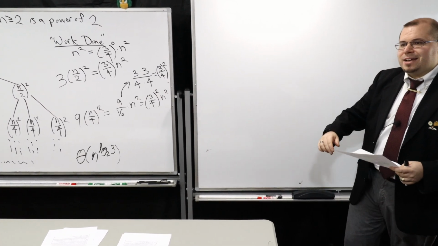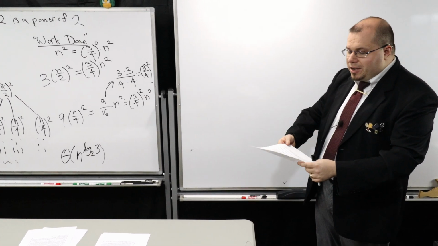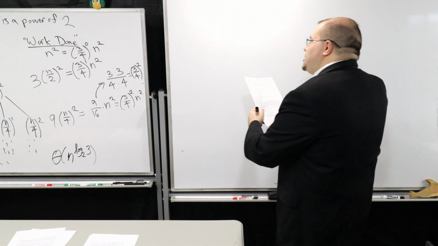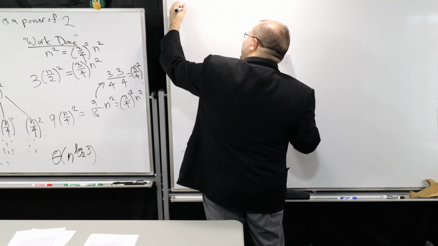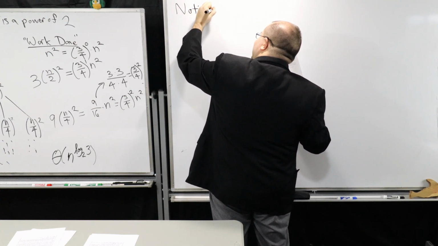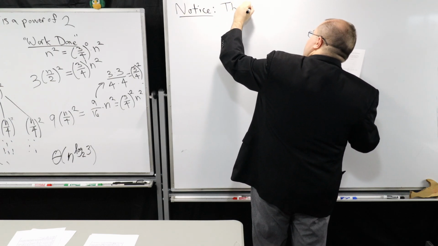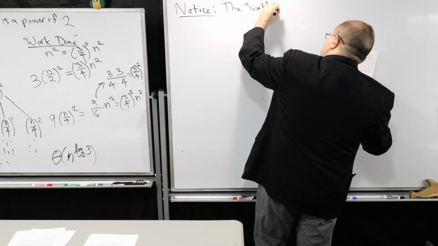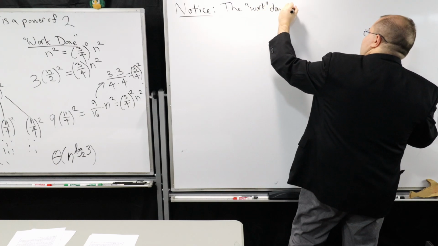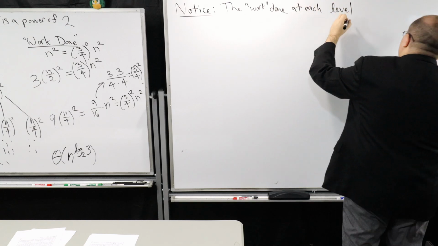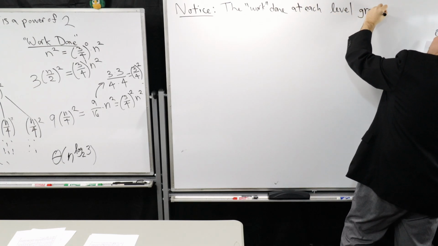Let's put all this together. Very good, everybody. I want to make sure it's clear exactly where the pattern is coming from. Notice the work done at each level grows geometrically.